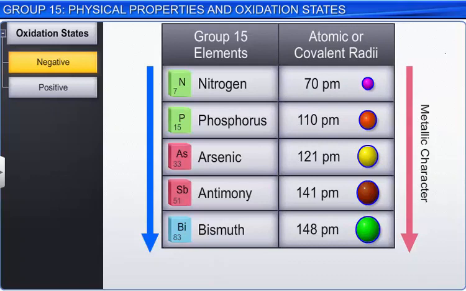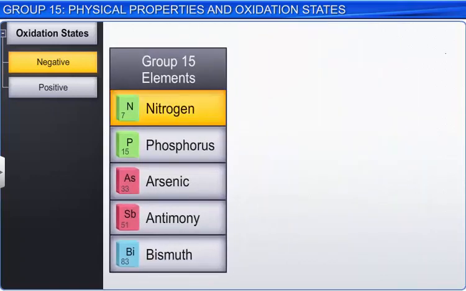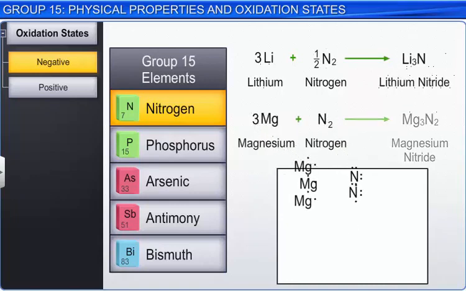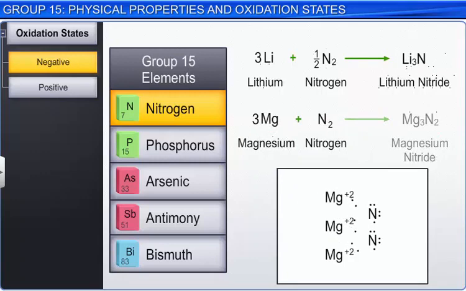Only nitrogen atoms can gain 3 electrons from highly electropositive metals like lithium and magnesium to form ionic nitrides.